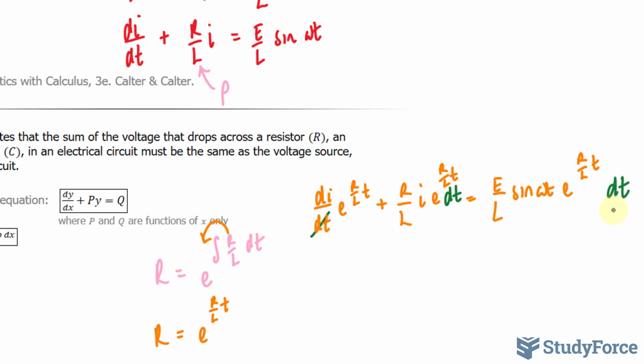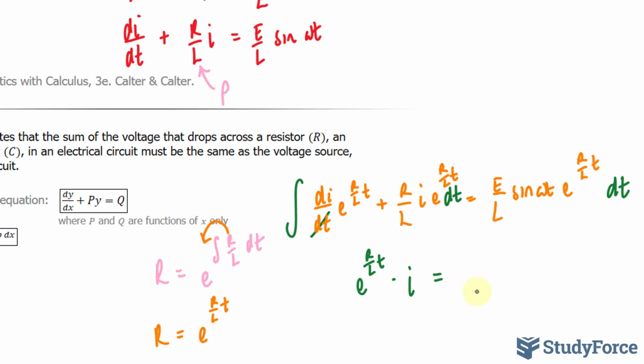The reason why we found our integrating factor is because if I take the integral of the left side in its current state, I'll end up with the integrating factor e to the R over L t, times the dependent variable on the left side, which happens to be the current. So I times e to the R over L t is actually the integral of the left side.